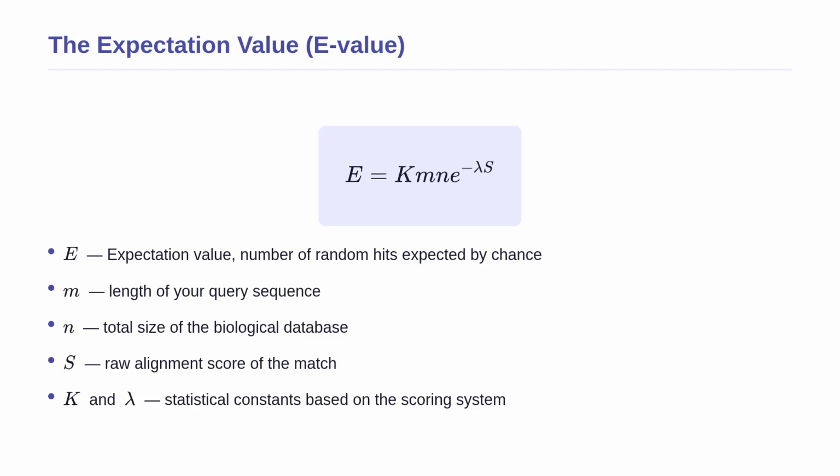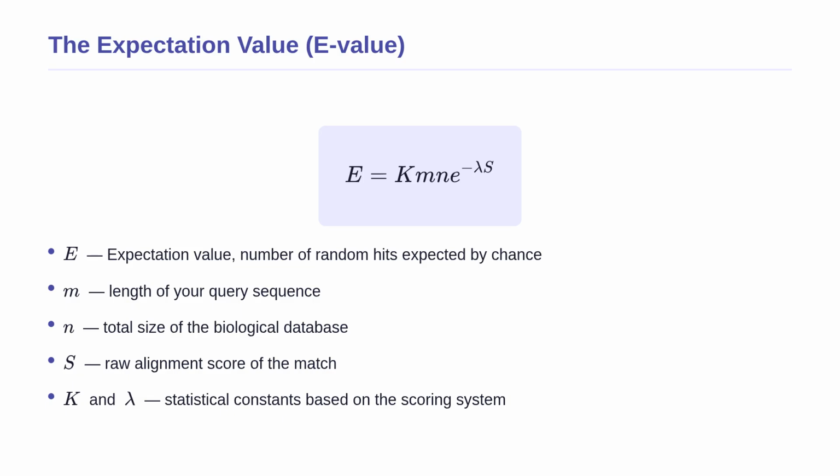To solve this problem of random noise, scientists use a metric called the expectation value, or e-value. Conceptually, the e-value calculates the exact number of random matches you should expect to see when searching a database of a specific size. In this formula, E represents that expectation value.